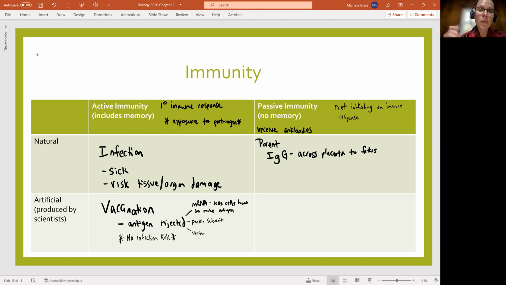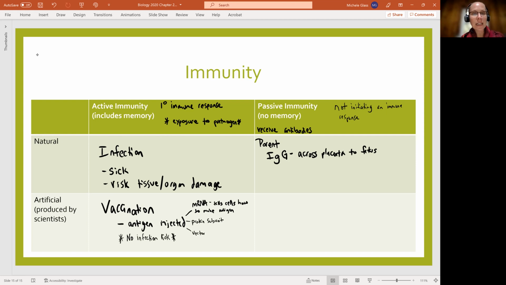So here, the maternal IgG is being produced by the parent. The parent has the immune response. The parent has the memory, but the IgG crosses to the fetus. So even at delivery, that fetus has some of these IgG in circulation, kind of buying them time until they're able to produce their own.